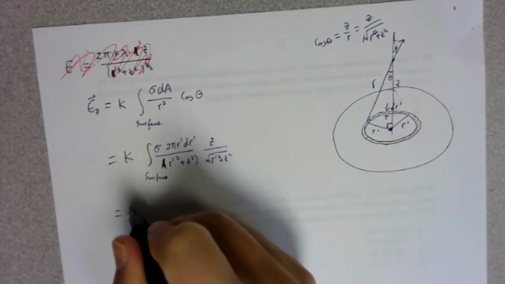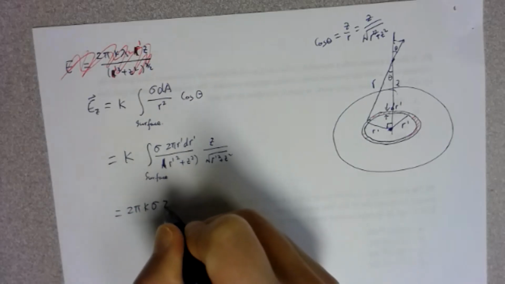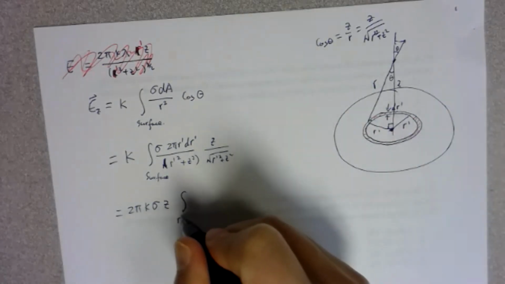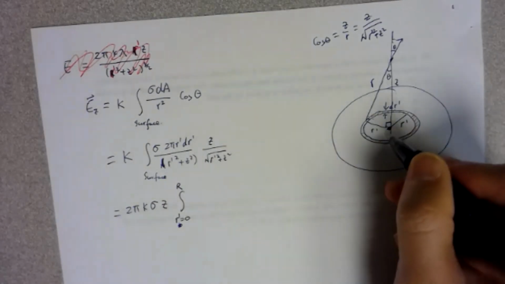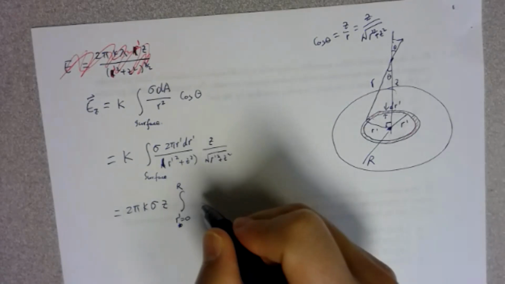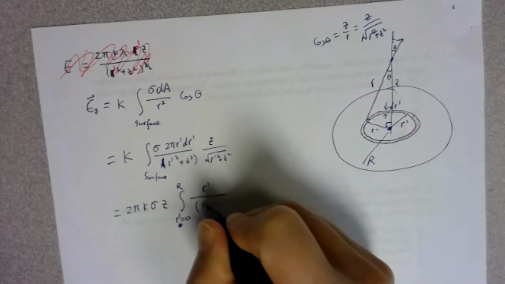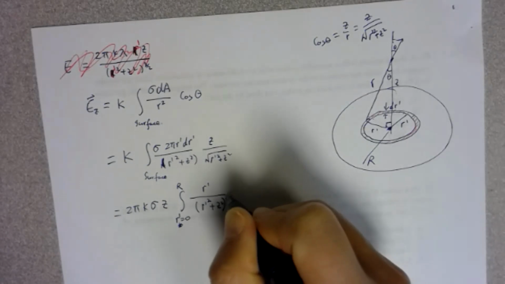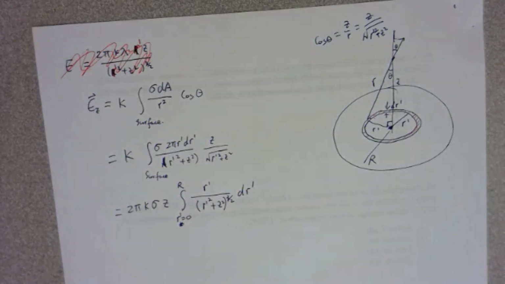So you can write 2 pi k sigma z, and the integration over the whole surface, that means r prime goes from 0 to capital R all the way outward, of r prime on top divided by r prime squared plus z squared to the 3/2, dr prime.